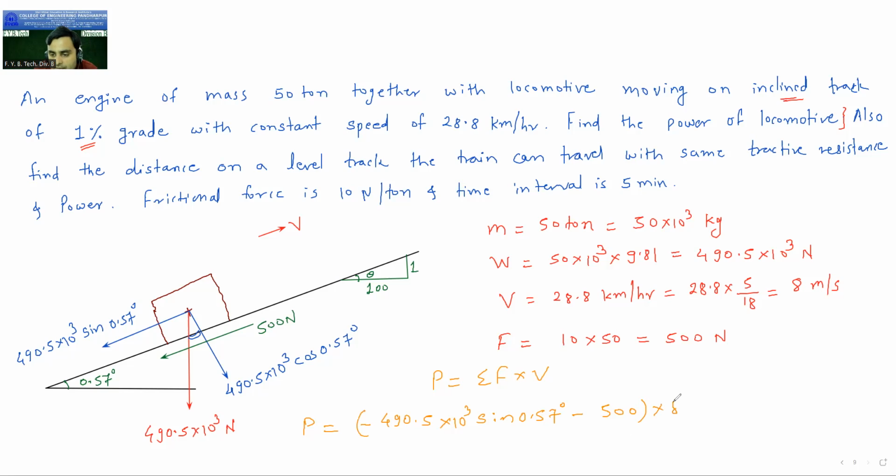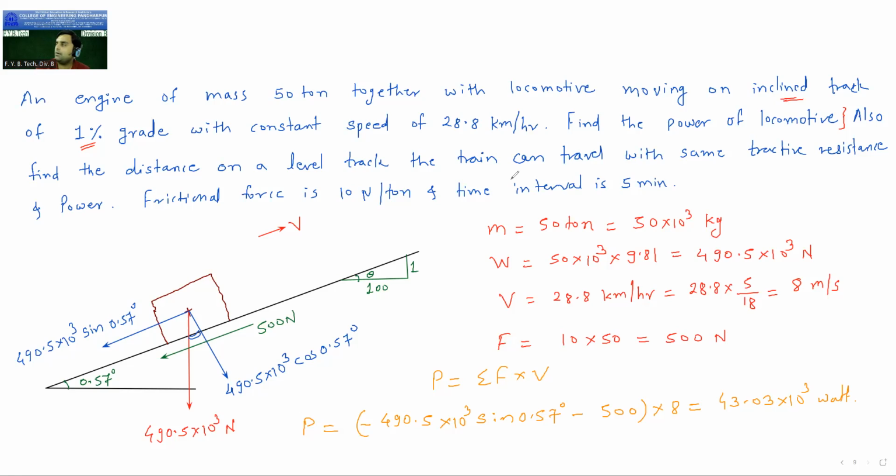Velocity V is 8. Answer 43.03 into 10 raised to 3 watt, Newton meter per second. We check the answer. This is the answer.